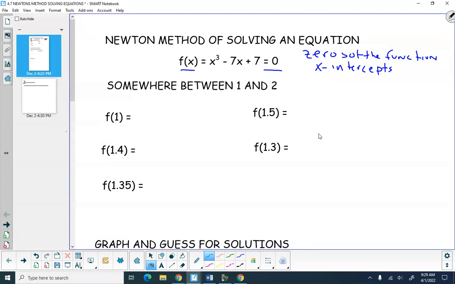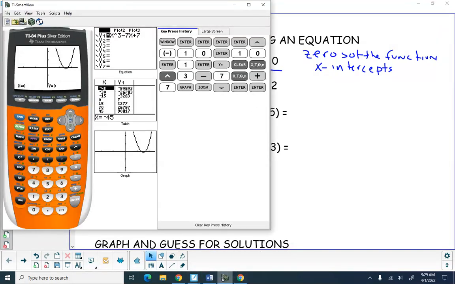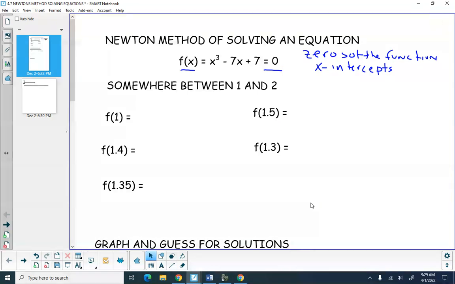So let's calculate our function value at 1. With our calculator, we can go second and calculate our value at 1. You get a value of positive 1. And if we take a look at 1.5, what's our value? Negative 0.125.